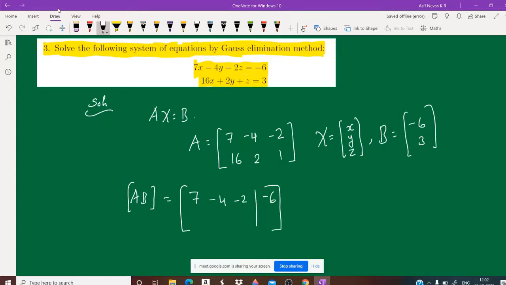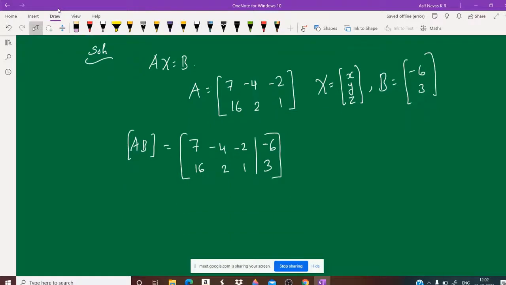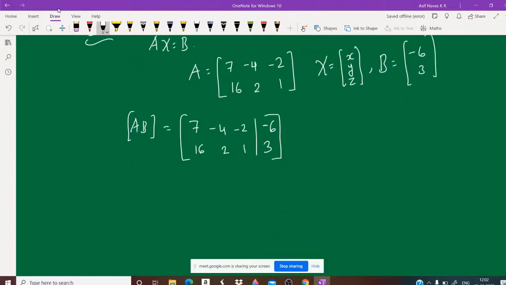And what is the second row? 16, 2, 1, and 3. Now we can convert it into row echelon form. So tell me what is the pivot here? The first pivot is 7.